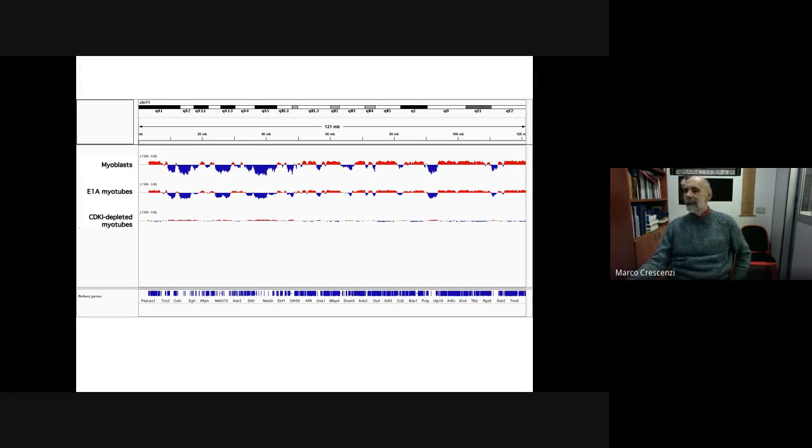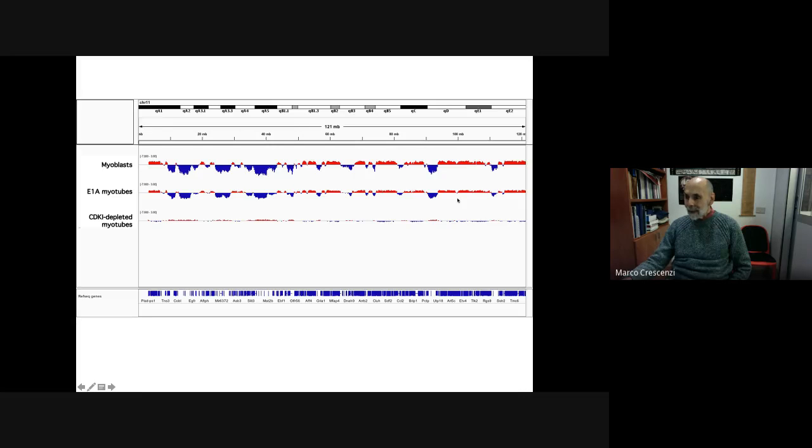All right. So we asked again, what's the basic state of myotubes? Are they capable or not capable of setting up a DNA replication timing? Because if they are not, then it means E1A is somehow reprogramming the myotubes into having a DNA replication timing.